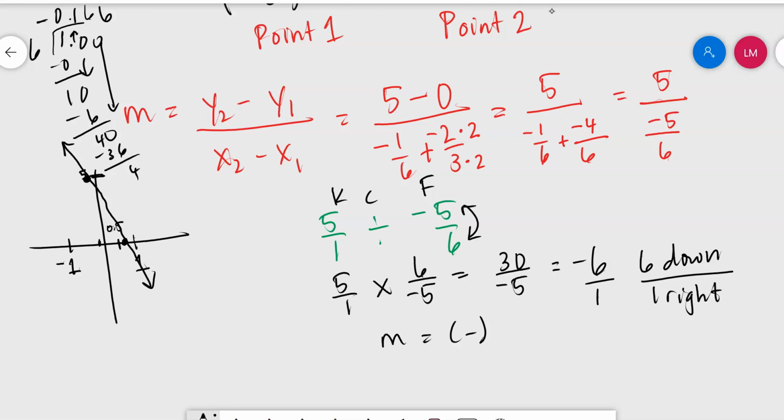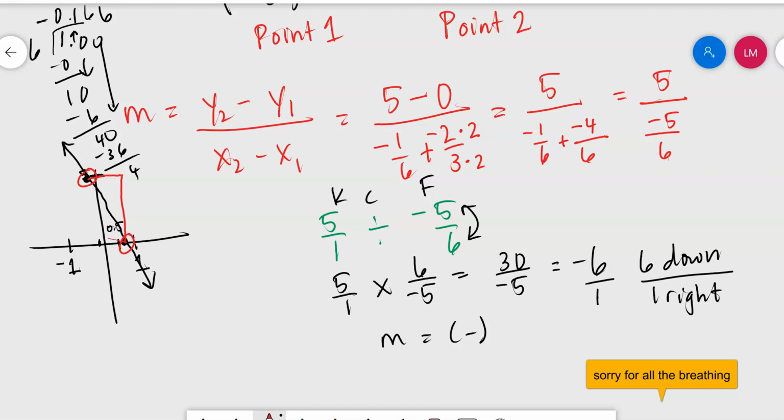Now the question becomes, how do I get from this guy here to this guy here? Now, keep in mind you're dealing with fractions. So basically what it's saying is that you need to go 1 to the right and 6 down. So we would go 1 to the right and 6 places down.